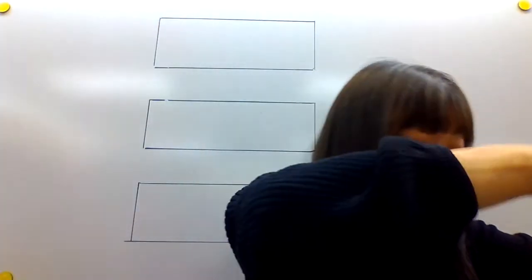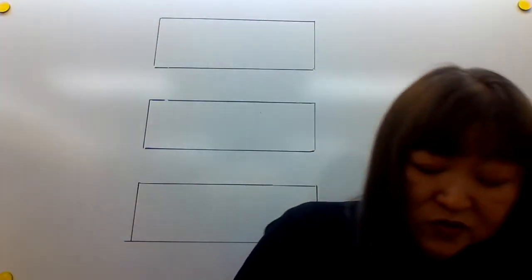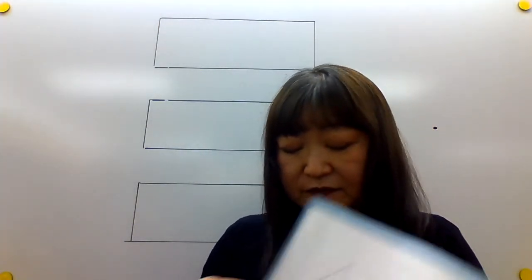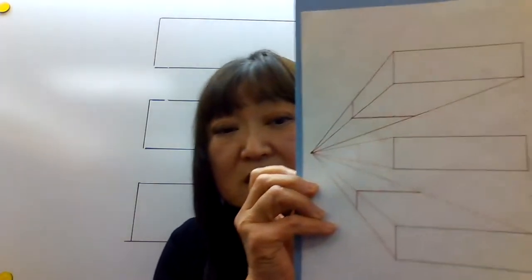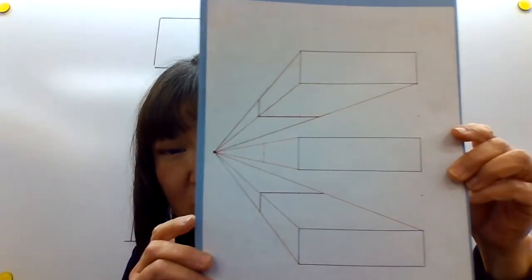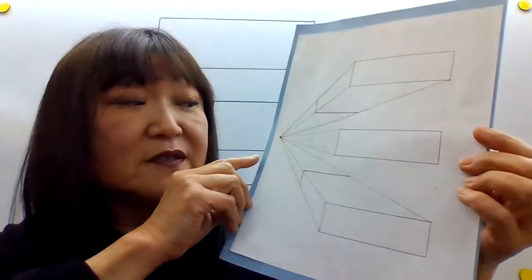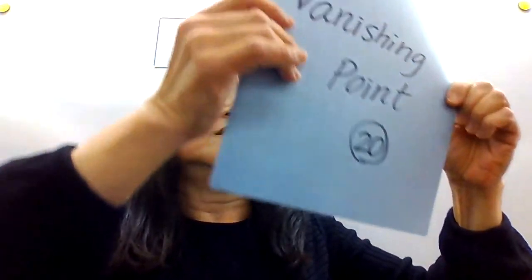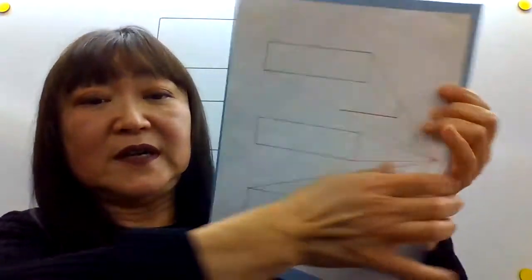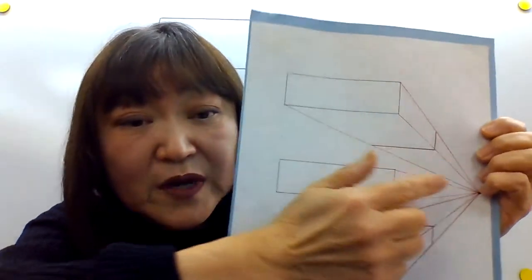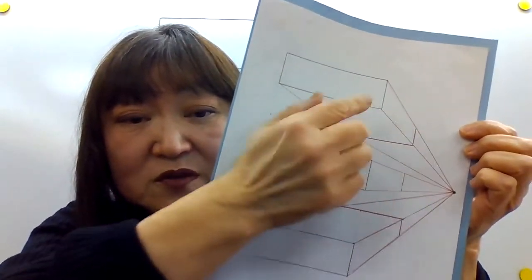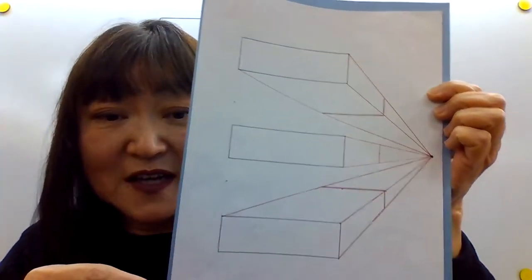Okay. Now, this chart right here shows the process of the 3D exercise, and this red line that's coming from the dot, they're called the perspective lines.